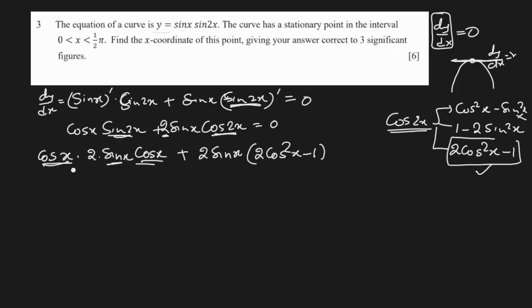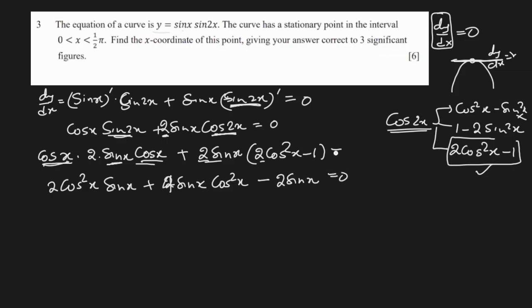Okay, so 2 cos square x sin x plus 2 sin x, not 2, 4 now, because this 2 times 2 will be 4 sin x cos square x minus 2 sin x equal to 0. Okay, so they are exactly same, both of them, so they'll become 6 cos square x sin x minus 2 sin x equal to 0.